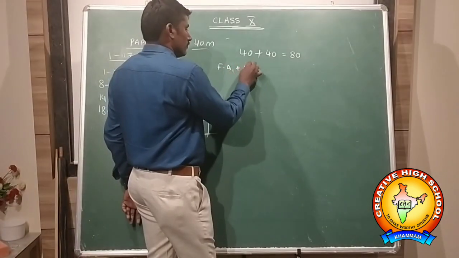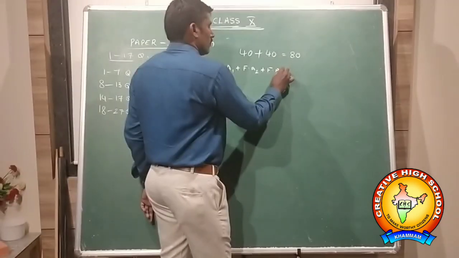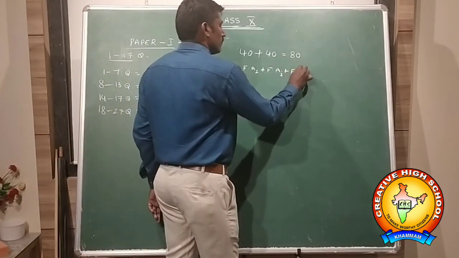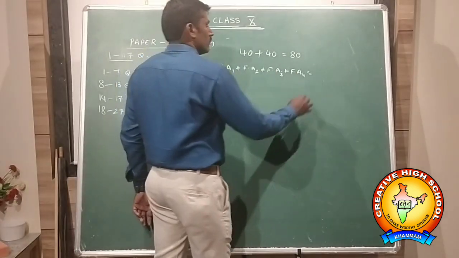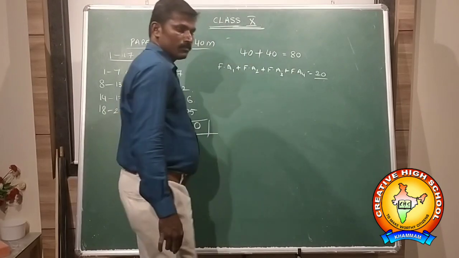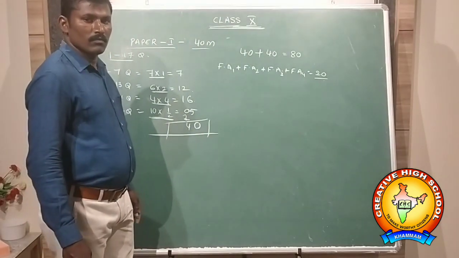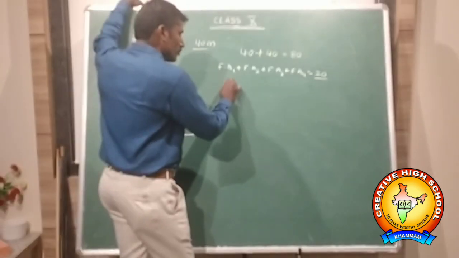FA1, FA2, FA3, FA4, 20 marks. We call these internal marks. Here you must do projects.